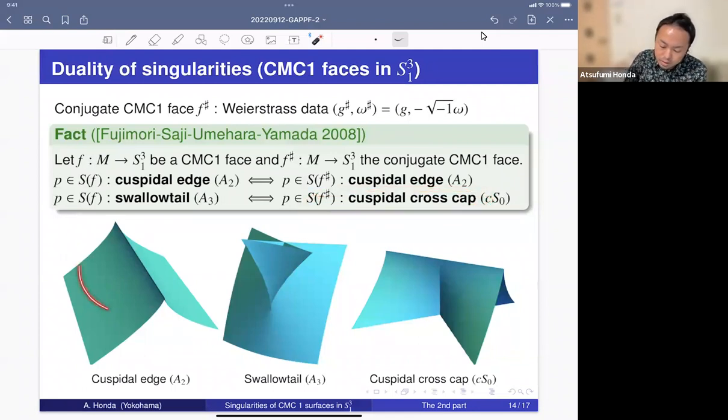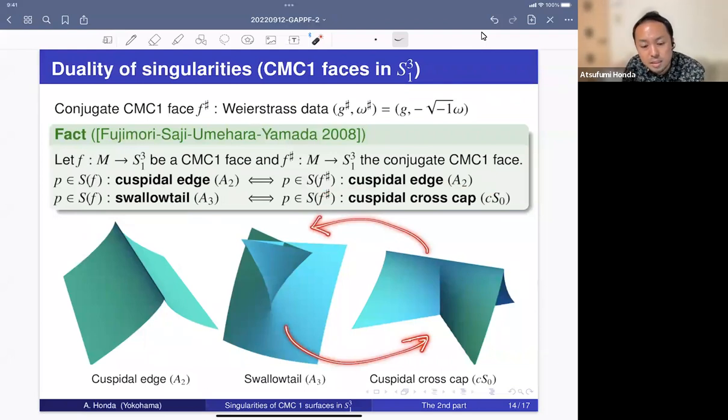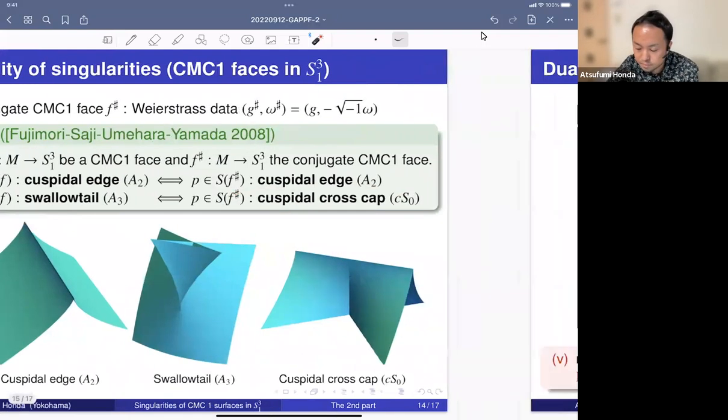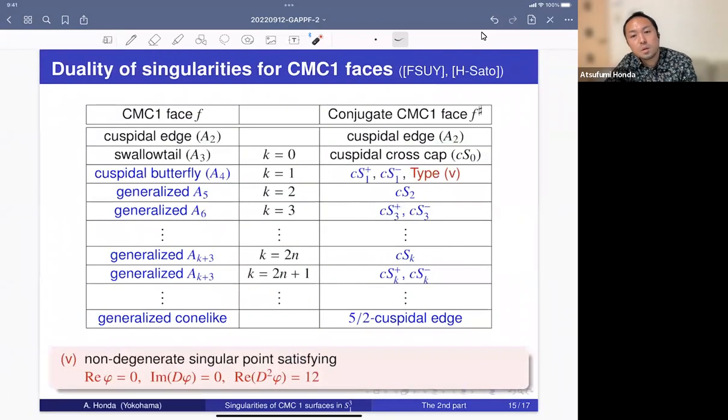So this cuspidal H is self-dual, and swallowtail and cuspidal cross cap are dual to each other. But for other singularities, such dualities were not known. So we proved duality of singularities among all non-degenerate singular points in this way.